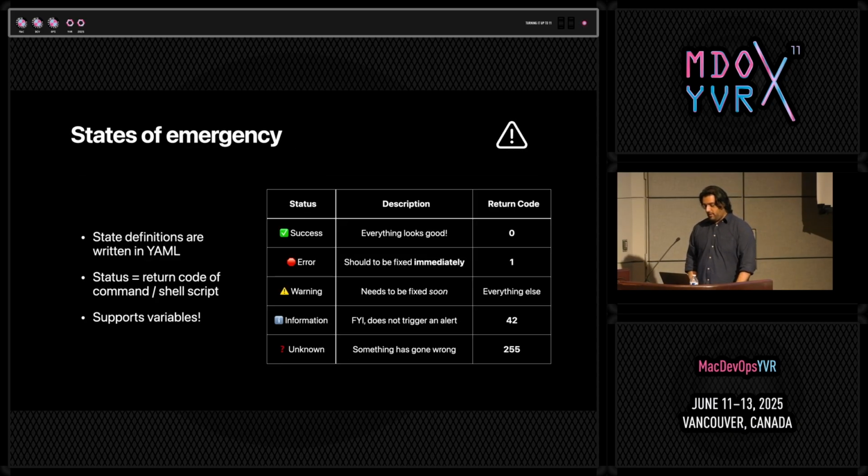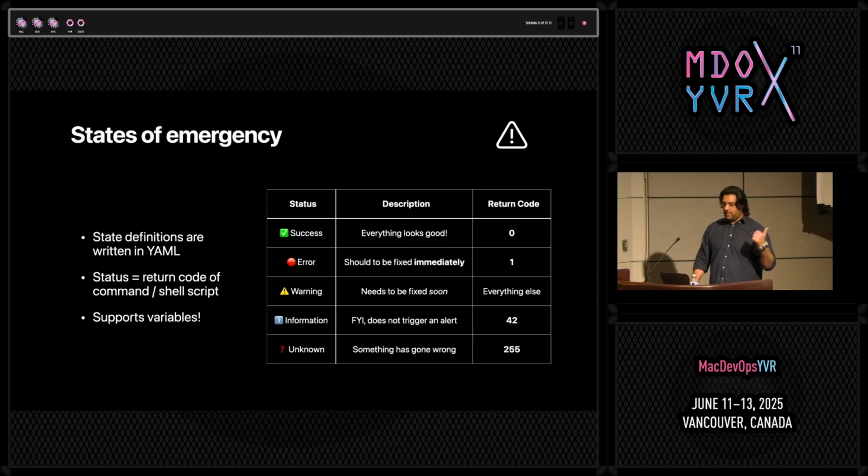Cool. So we've got these states that I've mentioned. It's where you define what you want to see in the Cypress app. And these state definitions are written in YAML. What determines the status of a state is the return code of the command or shell script attached to the state definition.